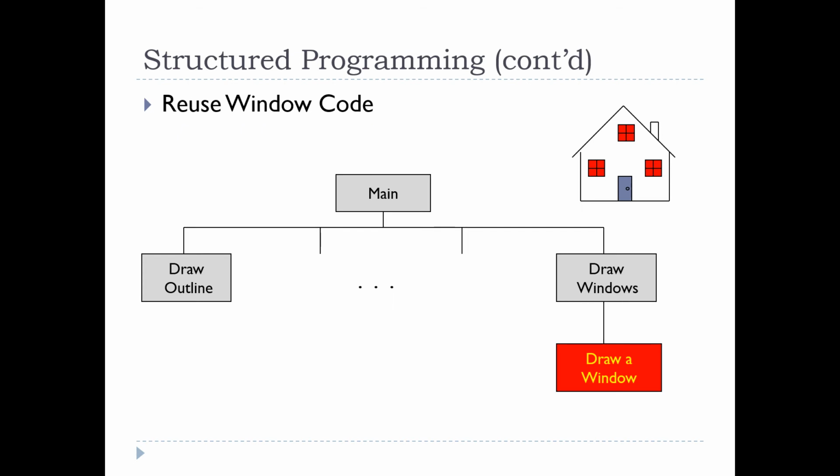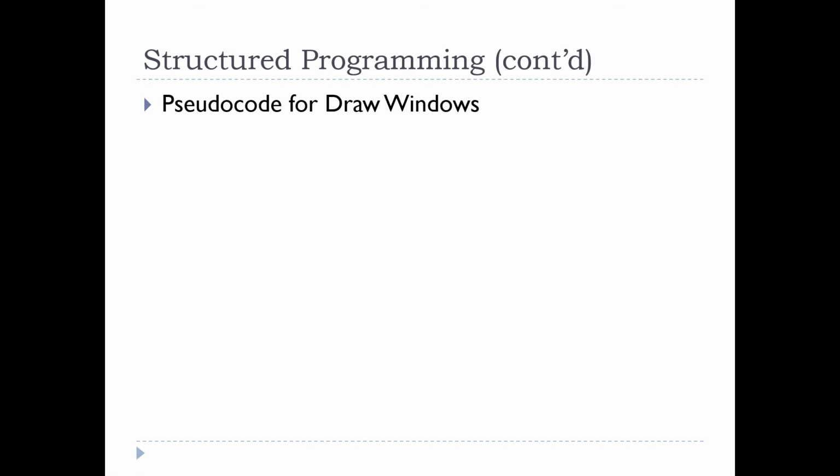And then you could just say, draw a window, and all there is basically the location of the window. So you pass that location, whether it is the left or the right or the top of the window, and then the window will be drawn. And you also pass the color of the material, same thing we talked about with the door. So if you have 100 windows, it's still going to use just 1 function to do it. So you don't have to write it 100 times.